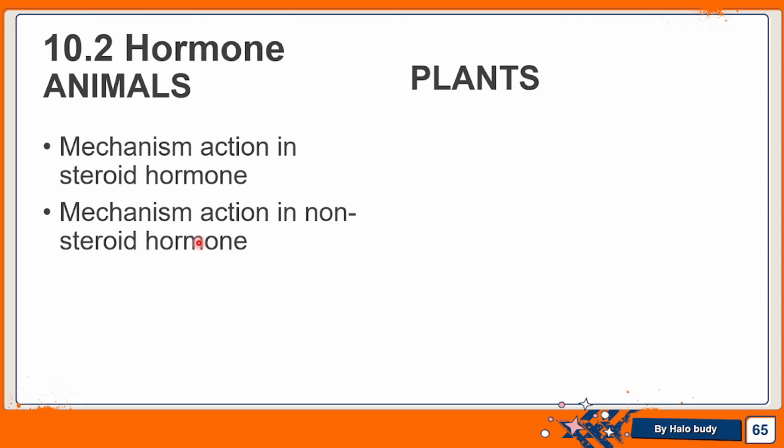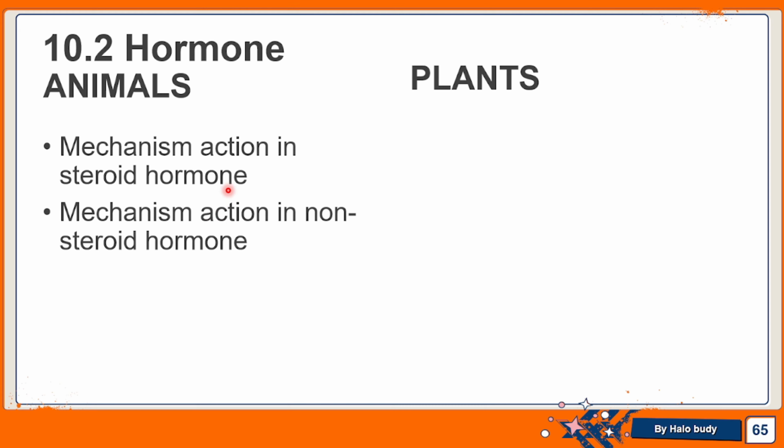You need to know whether all these hormones are steroid or non-steroid. These are common hormones that you already learned in SPM before, for example insulin, glucagon, progesterone, estrogen, testosterone, ADH, adrenaline, aldosterone. All these hormones that I stated, you must know them.